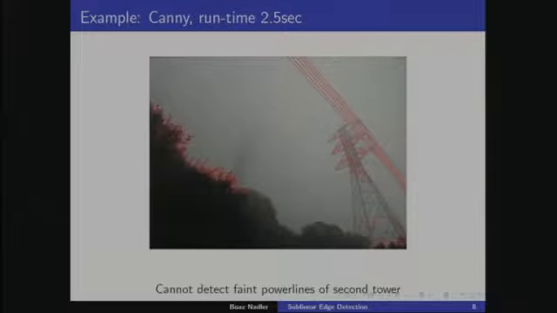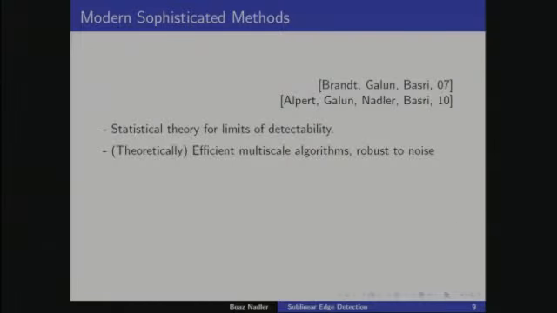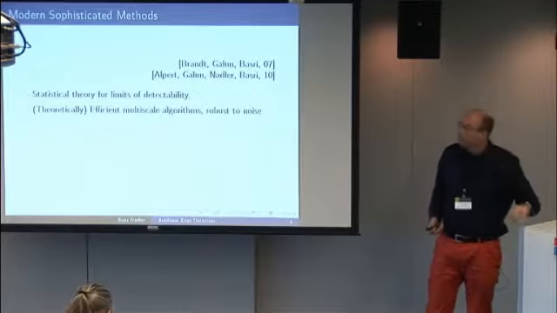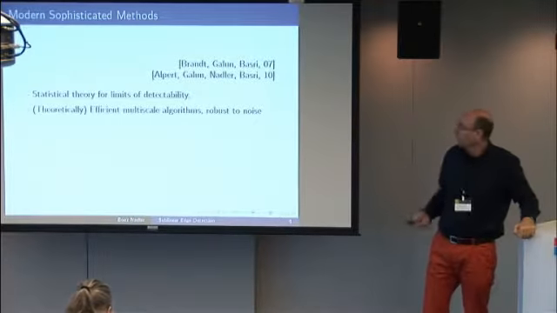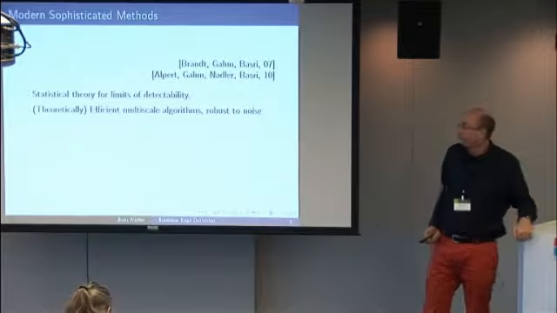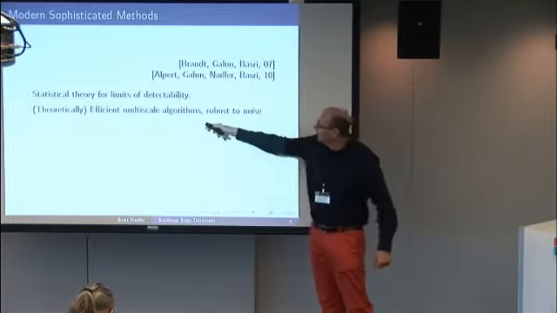So at the other extreme, there are more sophisticated methods that are global in nature. And we also have some theory for which edge strength we can detect. This is also where practice and theory depart, because these methods are theoretically efficient.